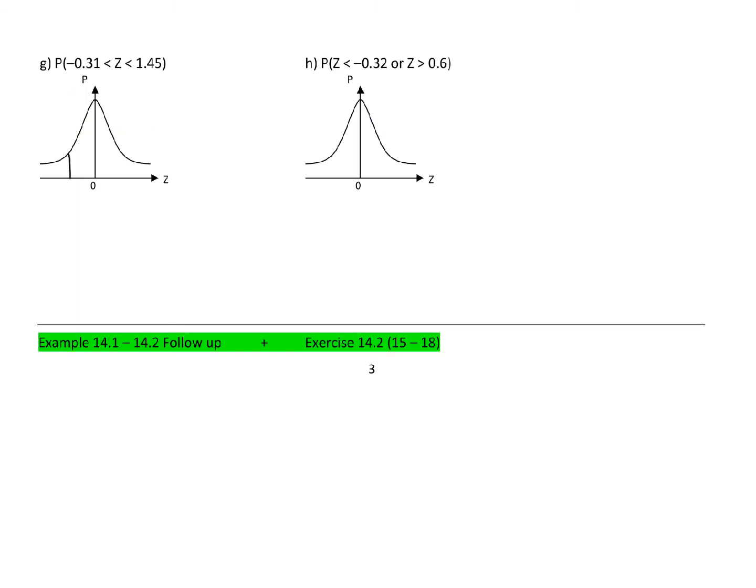Part G. The question asks you to find the probability between negative 0.31 and 1.45, which means this part. So you can check the table again.